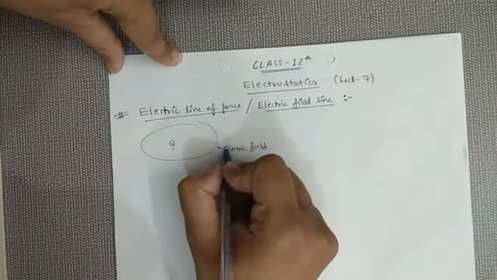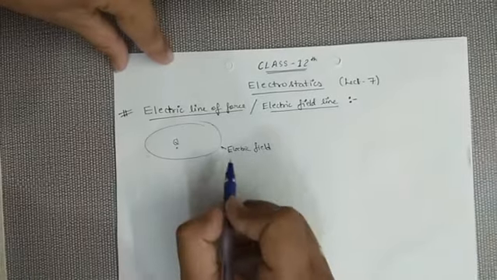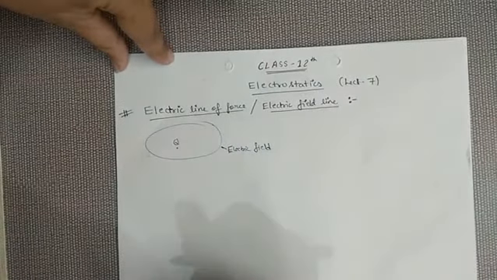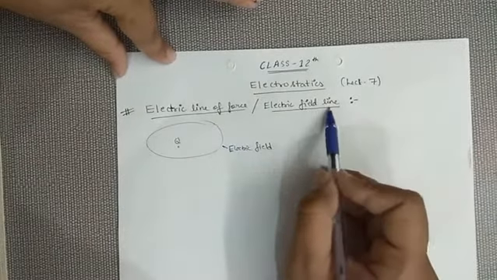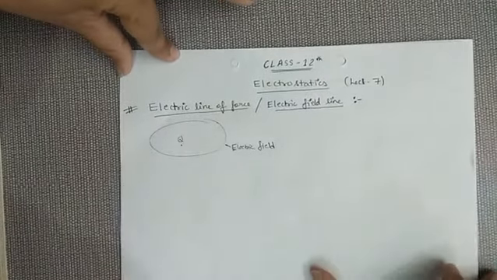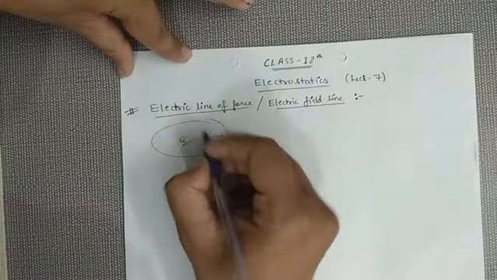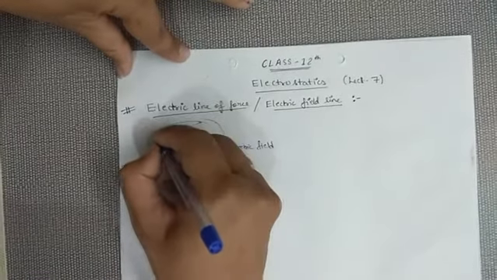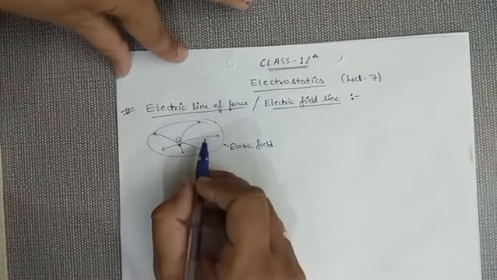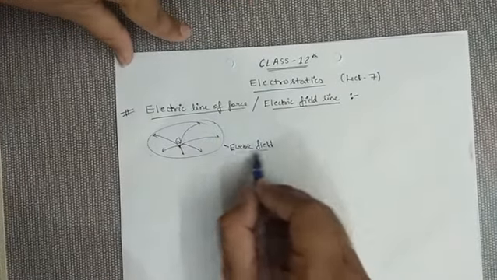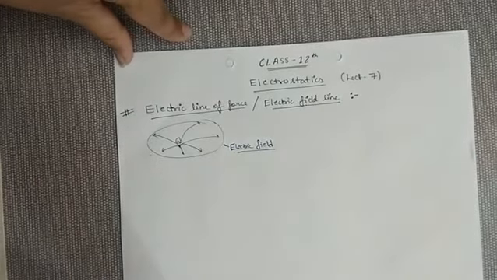This electric field is real, but what helps in the production of this electric field is known as electric field lines. It is assumed that a charge emits electric field lines, meaning these electric field lines are responsible for the formation of the electric field.